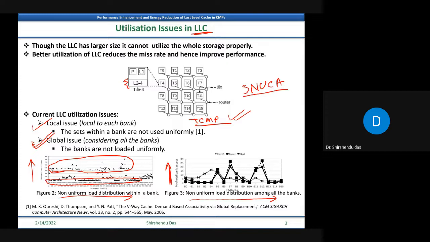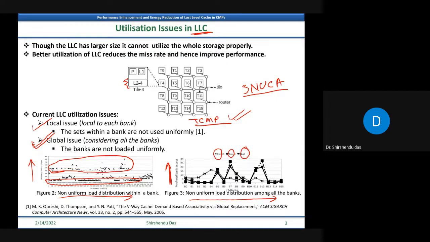For the right side graph, I am calculating the load, or number of bank accesses, on each bank. There are 15 banks, and on the y-axis I'm showing the total number of bank accesses. There are three lines here, because there are three benchmarks.